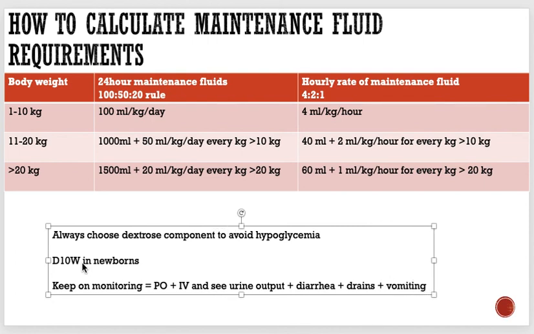So these things should be seen, and keep on monitoring the changes of electrolytes, okay, hyponatremia, all these things. SIADH is a very important thing, syndrome of inappropriate release of antidiuretic hormone.